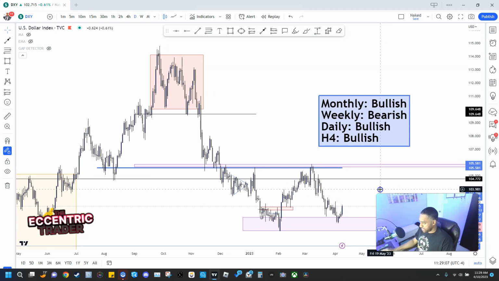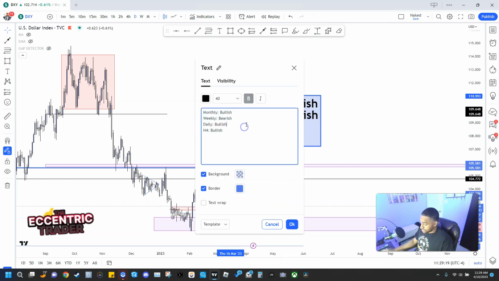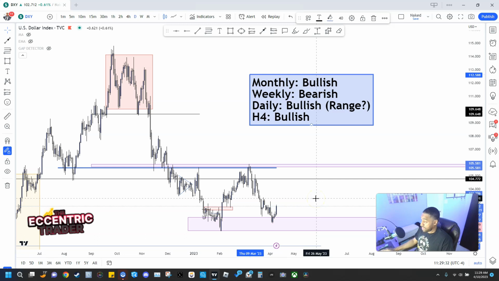It's giving me range vibes right now, because price came all the way up here and it's testing this area right here. So this is what I'm gonna do. I'm gonna put a range, question mark, for our awareness, right? It just looks like that, doesn't it?